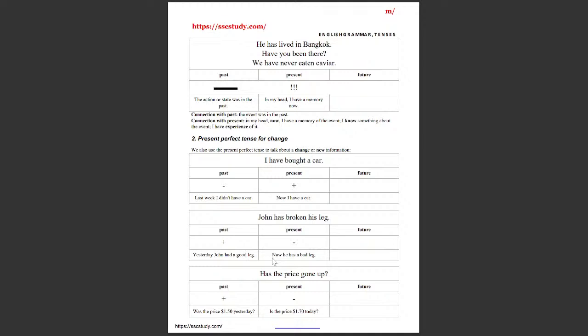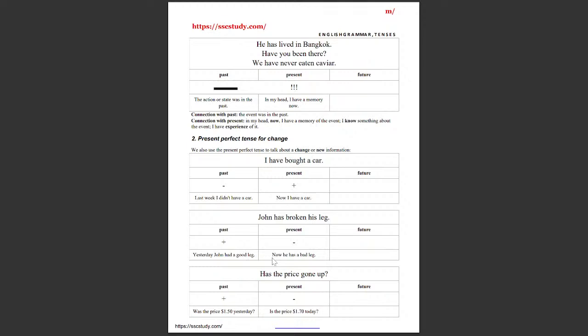Next, John has broken his leg. We don't know exactly when, whether it is a change or giving information. Maybe yesterday John had a good leg, and now he has a bad leg. We don't know when it was broken.